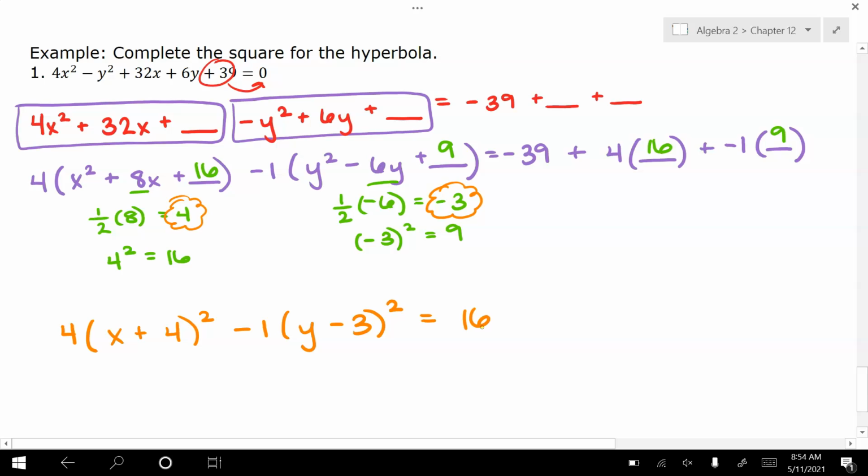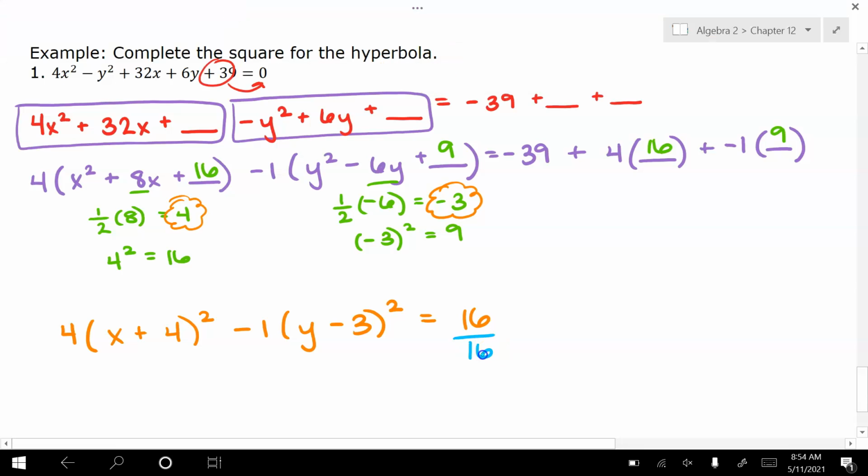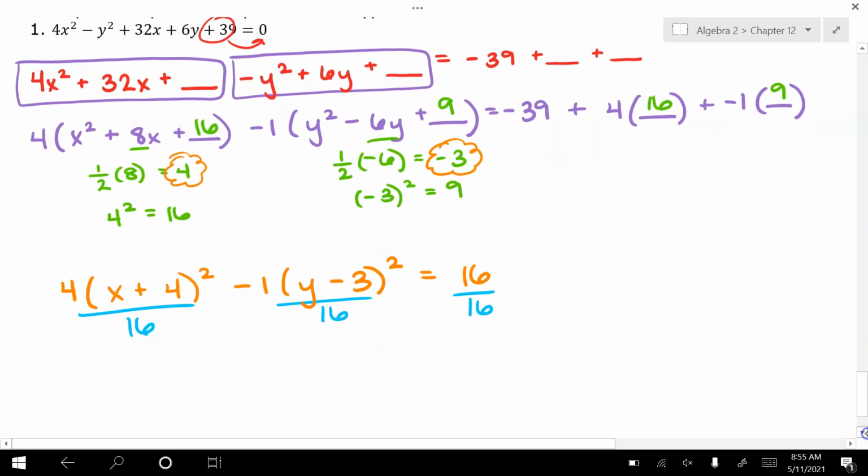So now similar with the ellipses, when we had these completing the squares, we like them to say equals 1. So I need to get rid of this 16 and I need there to be a 1 instead. So what I'm going to do is divide everything by 16. So for this first one, 4 can go into 16 4 times.